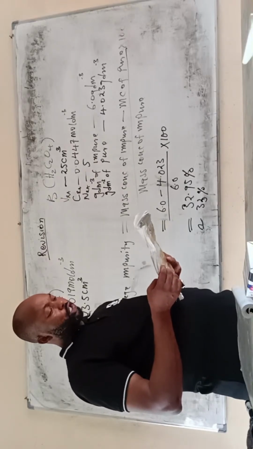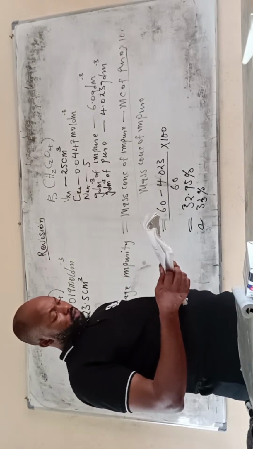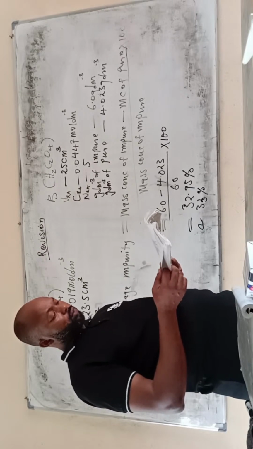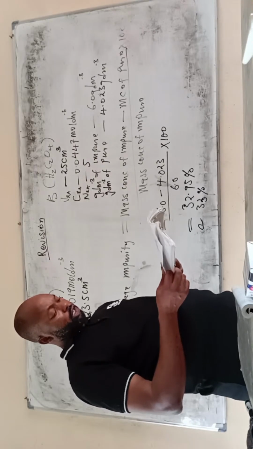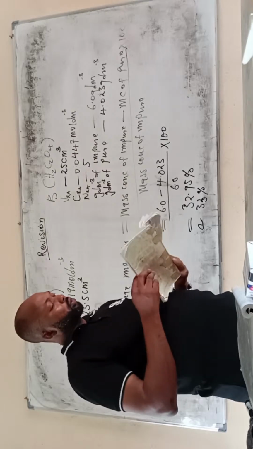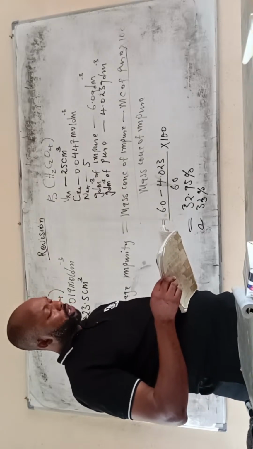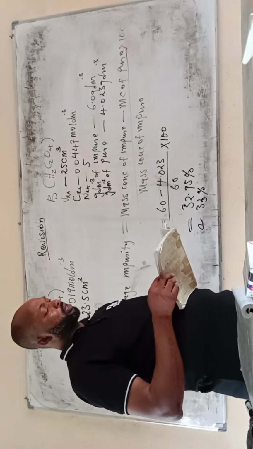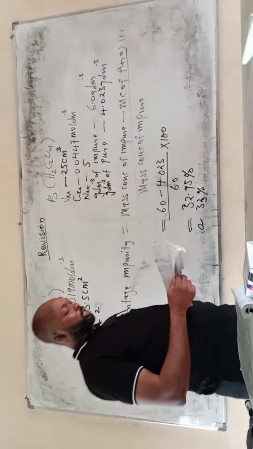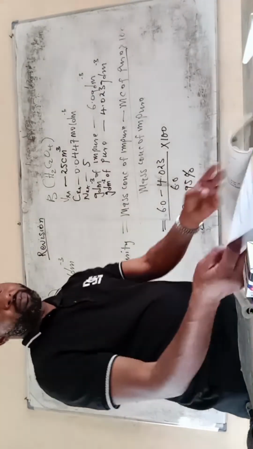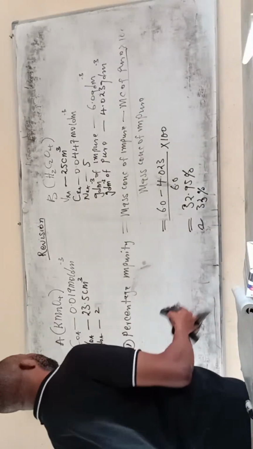Using the balanced equation, we should calculate the percentage of iron(II), that's the mass concentration, the percentage of iron(II) in the hydrated salt, and the percentage of water of crystallization. So let me clean this and write out the question so that we'll know what we're dealing with.